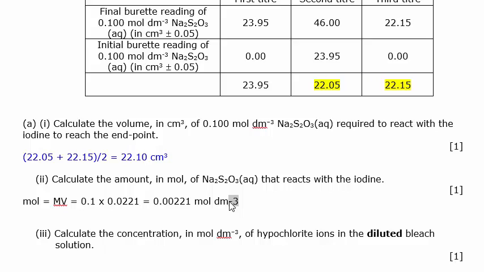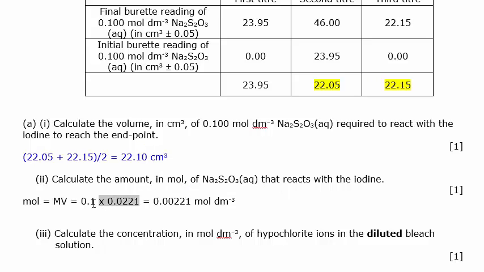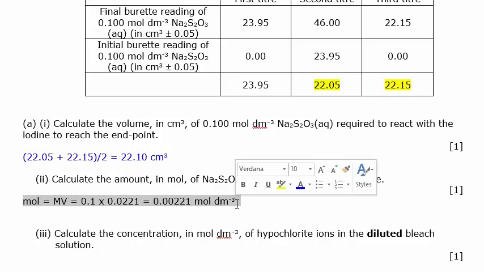Now I suggest you always put down the working when you do a question like this, because if you get the final answer wrong because you press the wrong numbers in the calculator, at least you might get a mark for the process, if you show that you know what the process should be.